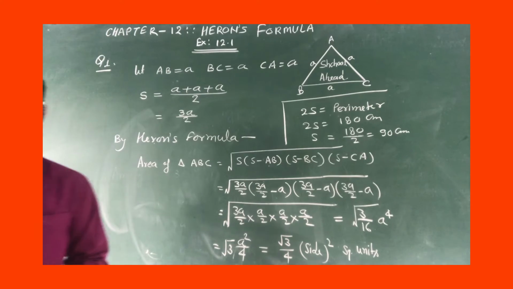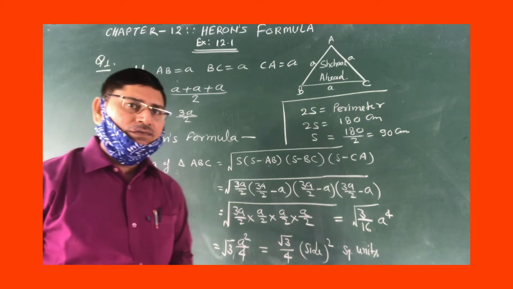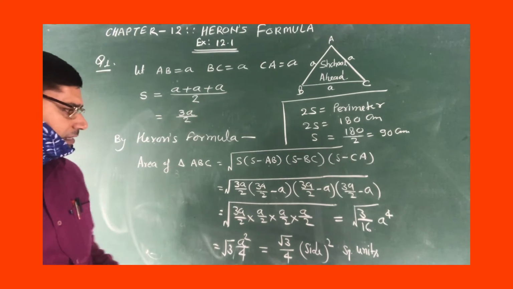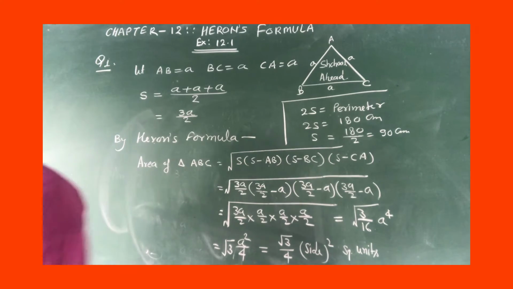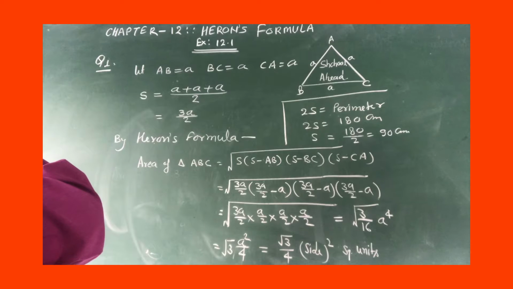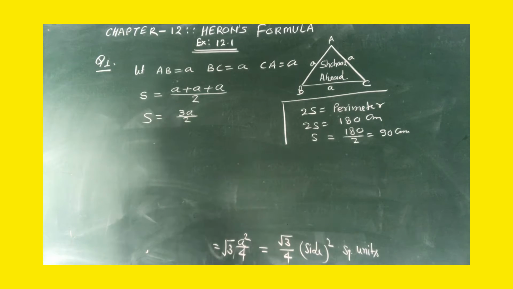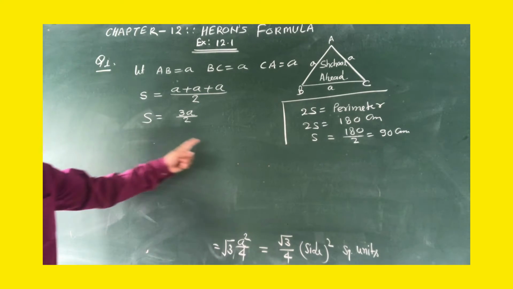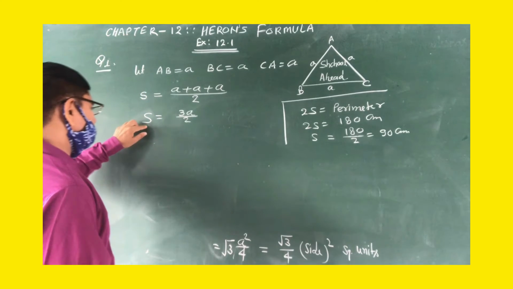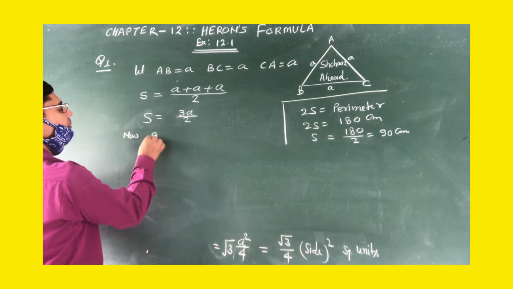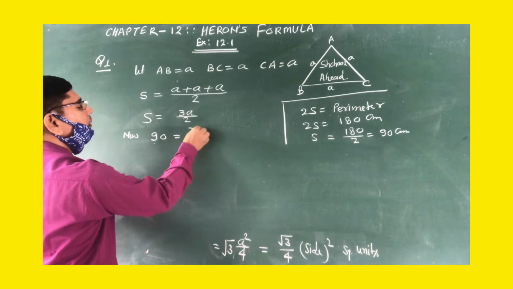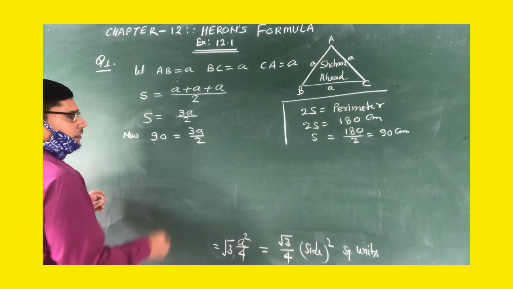Now you can find the side. So dear, now you put the value of this s in this place. Now 90 equal to 3a by 2.